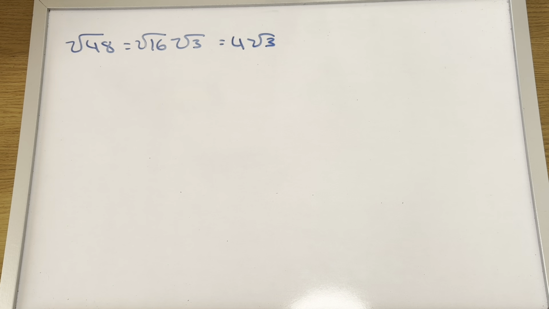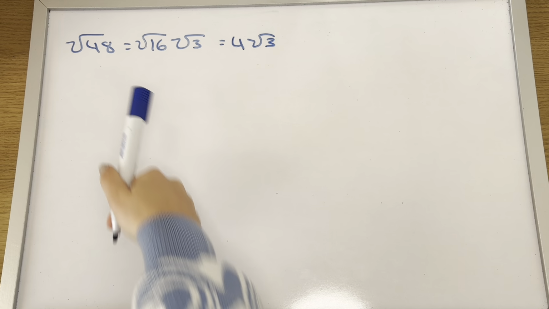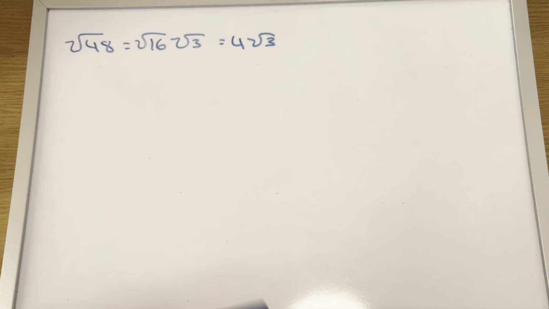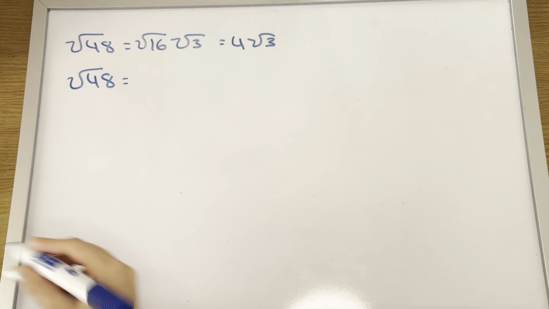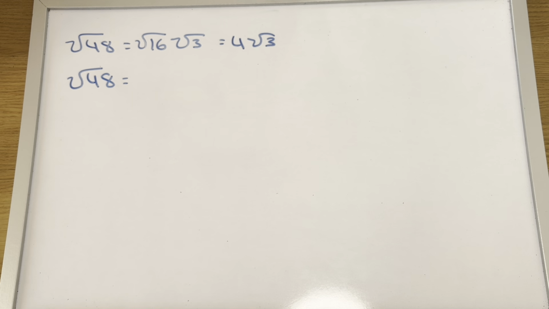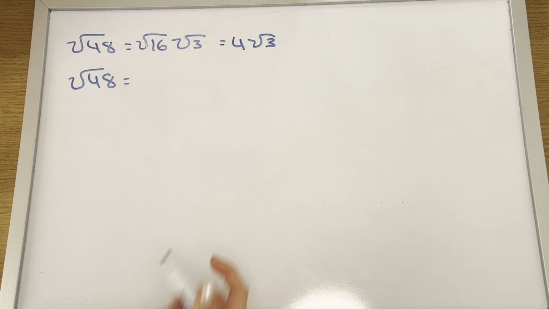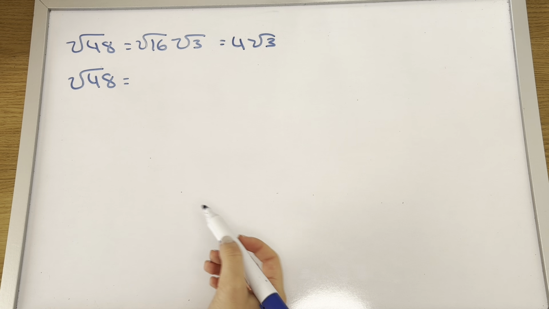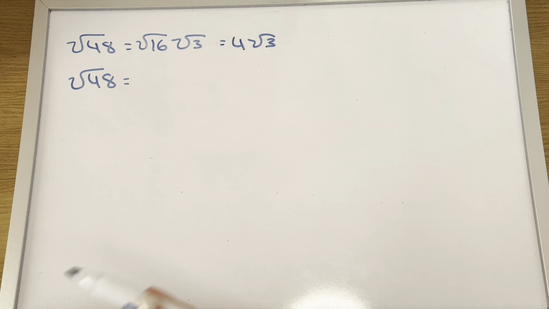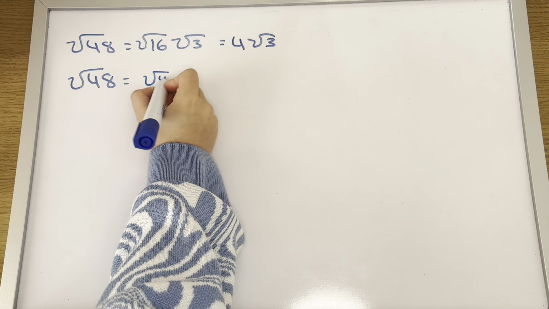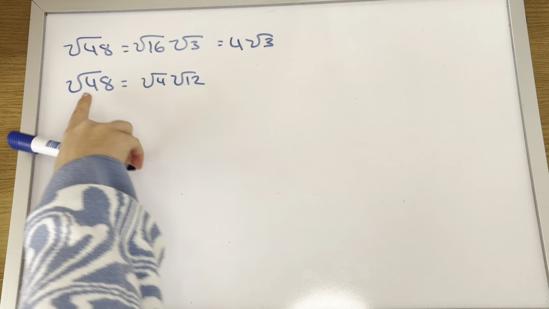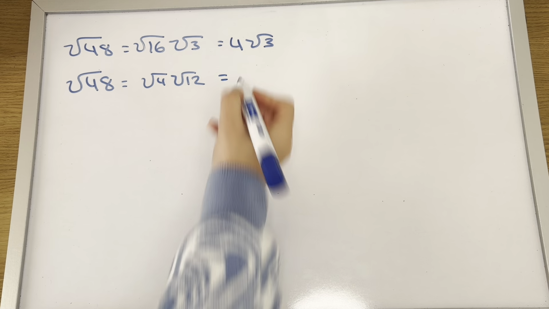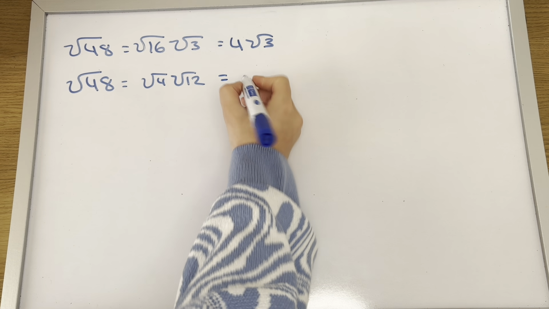Now, to emphasize how important it is to choose two multiples where one is a perfect square, if I were to do the same question using two squares, it would look something like this. Two multiples of 48 that are both perfect squares would be 4 and 12, which multiply to give us 48. The square root of 4, we know, is 2.